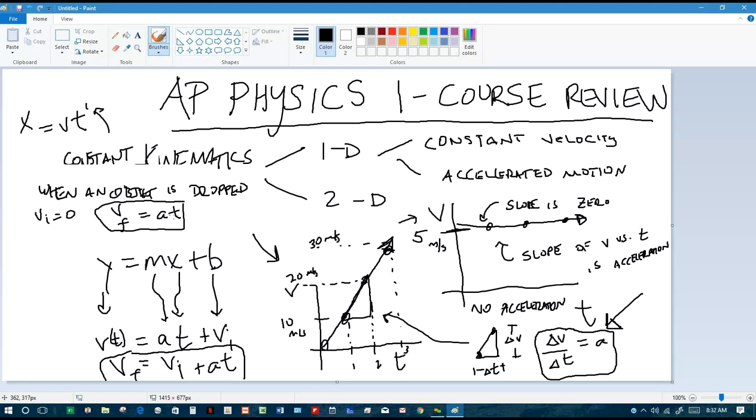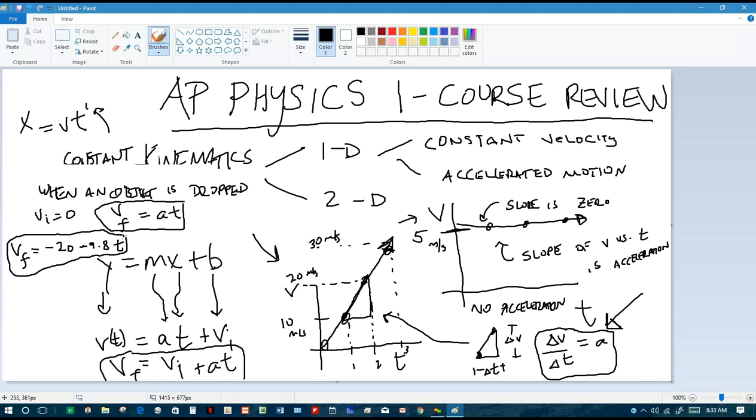Could they, in theory, say someone decides to throw a basketball downward with an initial velocity of negative 20 meters per second? Yeah, they could. It's not common, but if that were the case, the model would be v final equals negative 20, and then minus 9.8 for g times t.